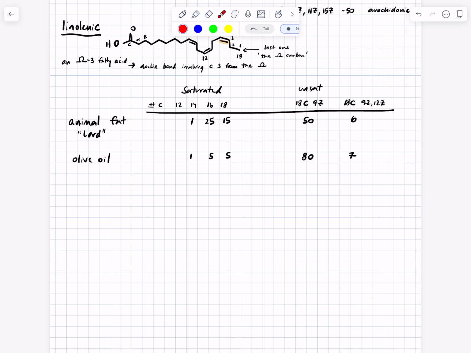These numbers don't add up to 100 in part because there's other things that aren't written down here that make up the triacylglycerol as well. But you can see the big difference here between the animal fat and the olive oil is that olive oil is 80% oleic acid. And of course, olive oil, as you know, is a liquid at room temperature.